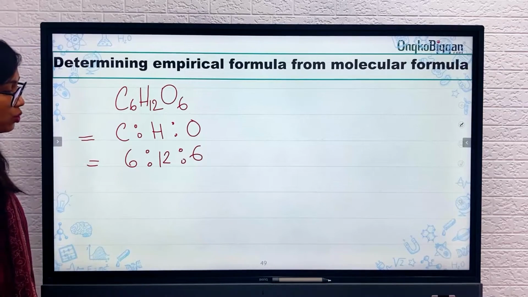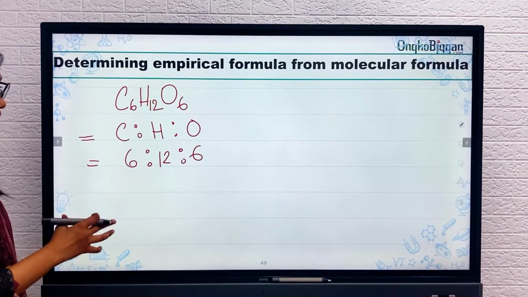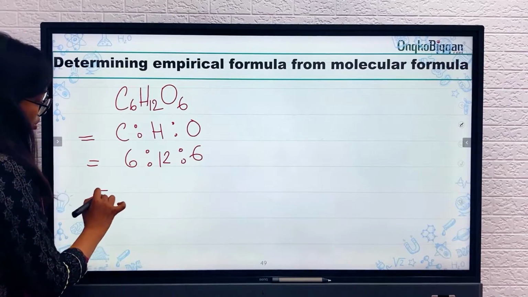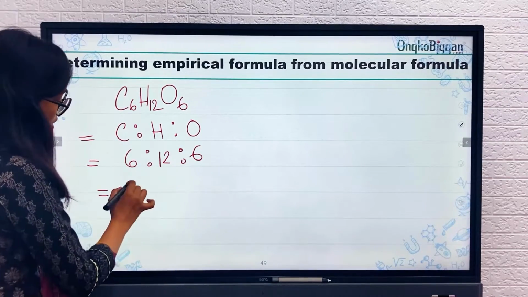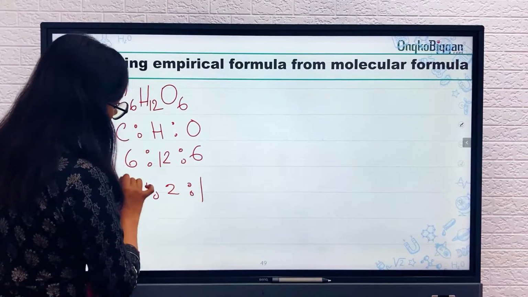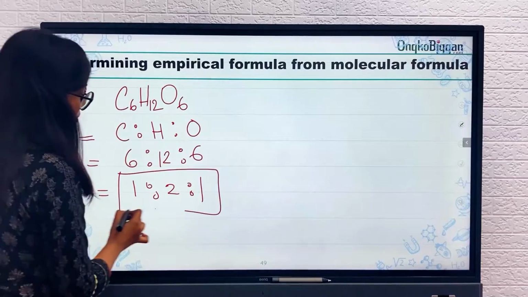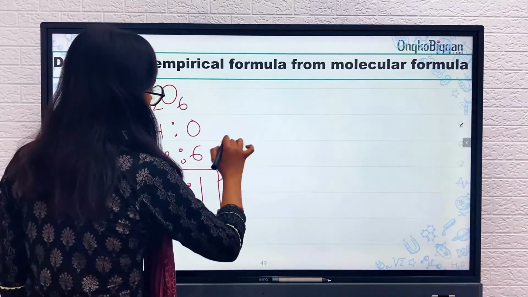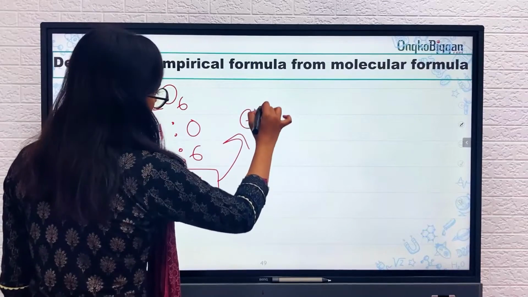So what we have to do is get the simplest possible ratio out of these numbers. If we divide them by 6, then we get 1, 2, 1, right? So this is the simplest. We cannot reduce it any more. This is the simplest that we get, and according to that we get CH2O.